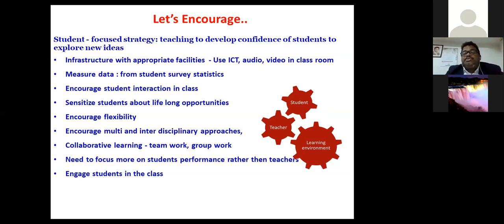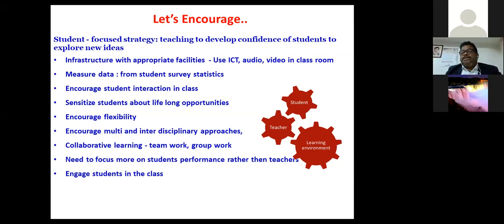Now classrooms should have ICT facilities. Nowadays, governments are also saying the same thing, that you need to have audio and video in the classroom so that you can show animations and videos. Specifically, engineering students, even science students, need to visualize things. It is not just theory. They need to visualize the picture.